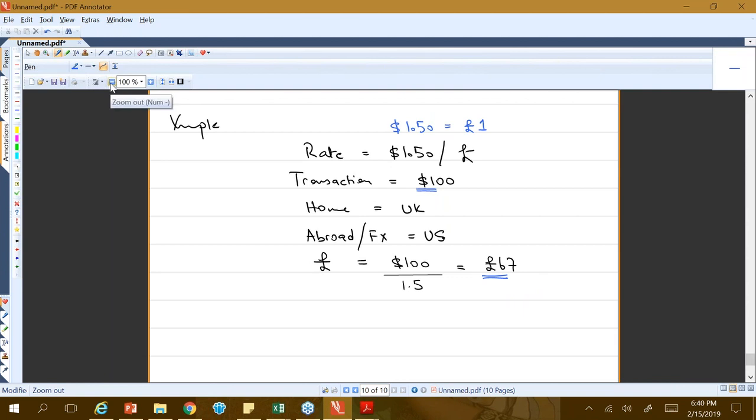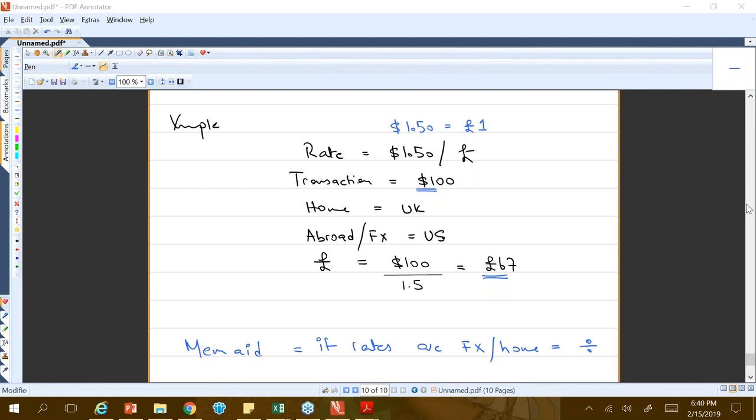The other way in which you can look at this is using a bit of a memory aid. That is, if the rates are quoted FX/home, we always divide by the given rate.